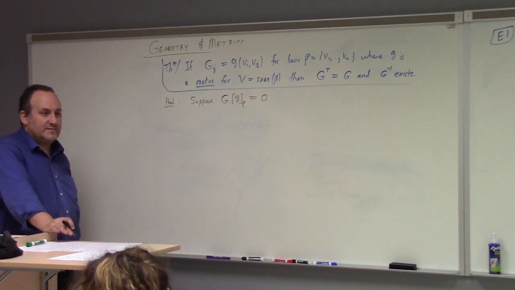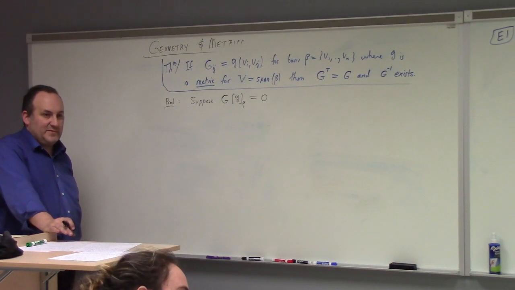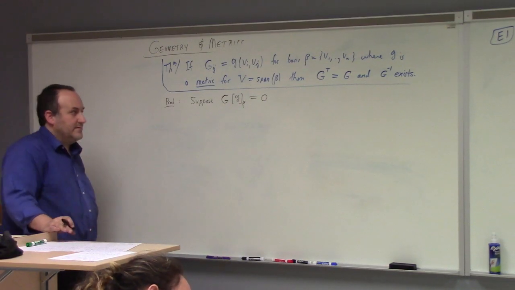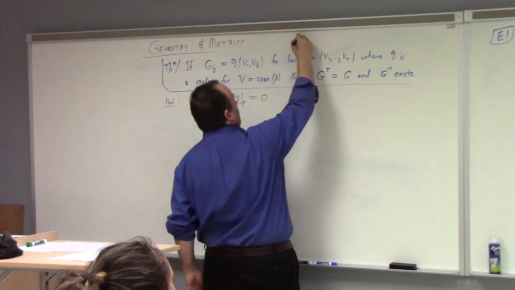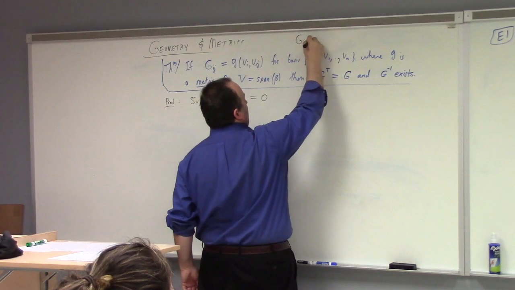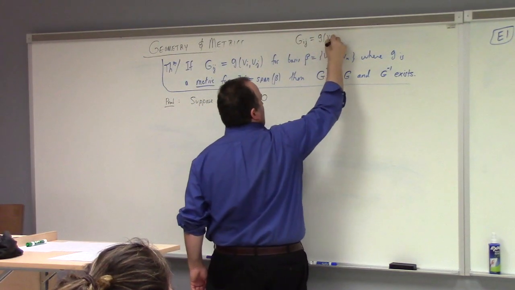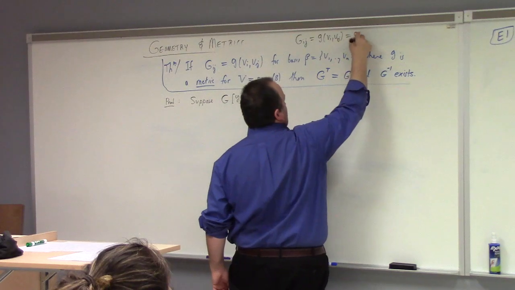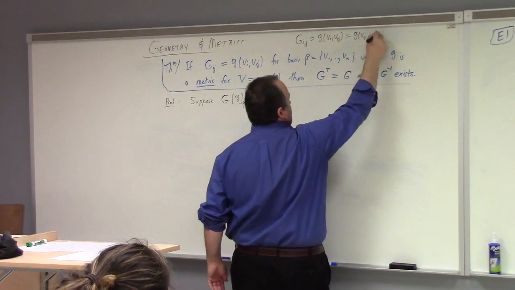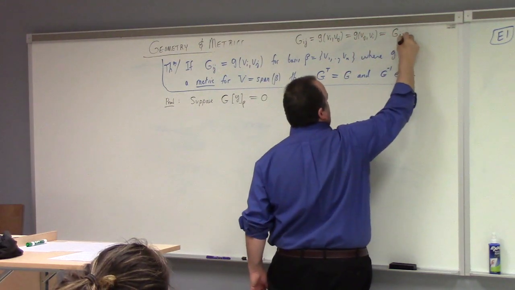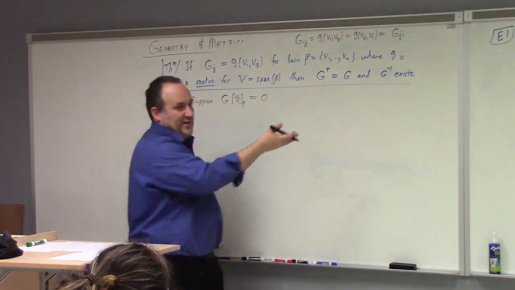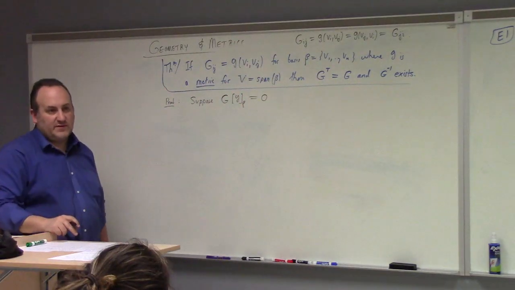Why is it symmetric? Symmetry of the matrix follows immediately from symmetry of the metric, right? I don't want to clutter my other proof, but G_ij is g of v_i v_j, right? But by symmetry, that's g of v_j v_i, which is equal to G_ji, right? Therefore, it's symmetric. G transpose is equal to G.